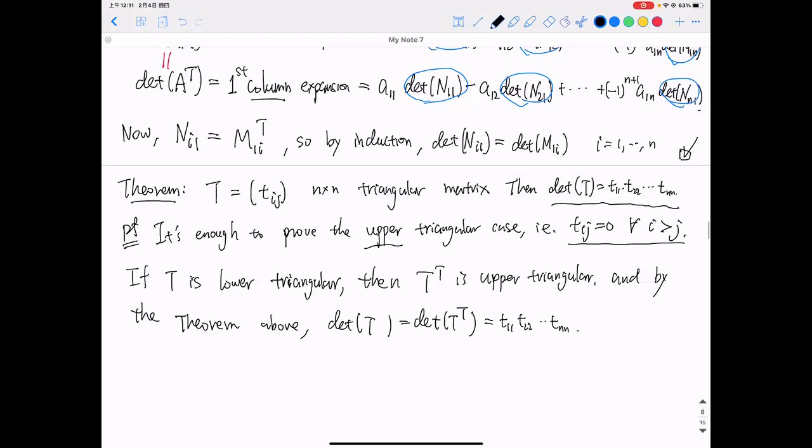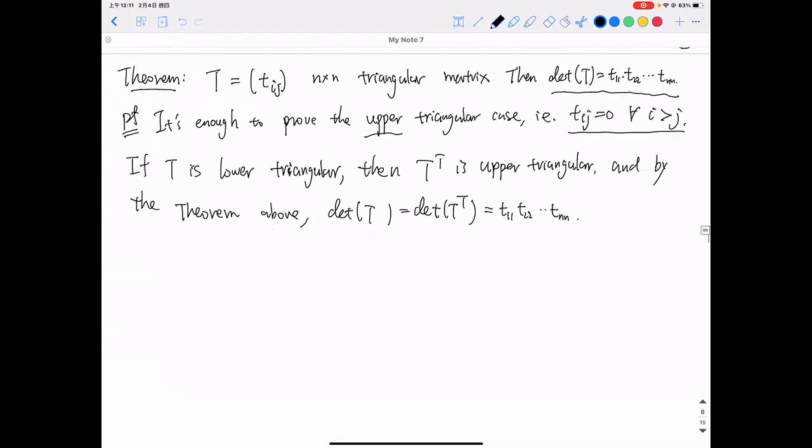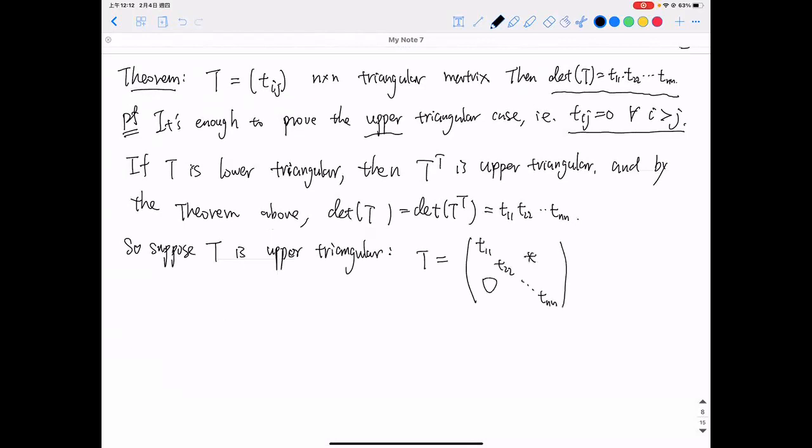Okay, so let's just prove the upper triangular case. Suppose T is upper triangular; in other words, T looks like this: T11, T22, down to Tnn on the diagonal, 0 down here, other stuff up there.